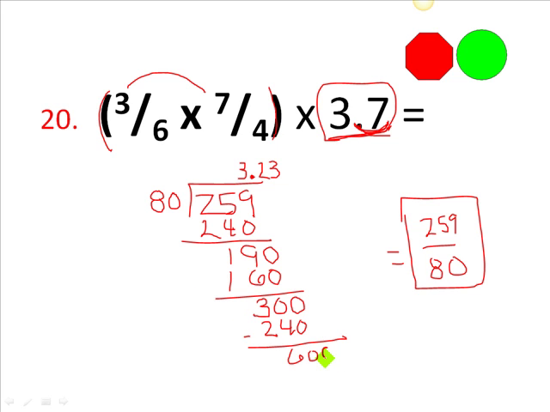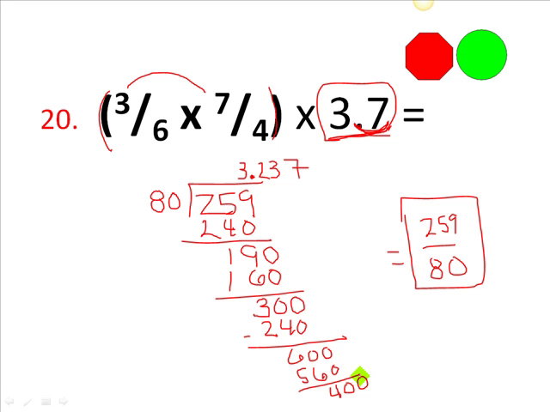And 80 will not go into 60, but it will go into 600, and it will go 7 times. So 7 times 80, 7 times 8, that's 56. 56, and I have a 0, and that leaves me with 40. And 80 will not go into 40, but it will go into 400.